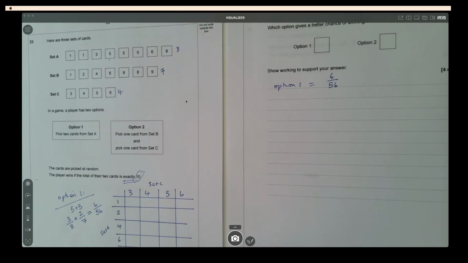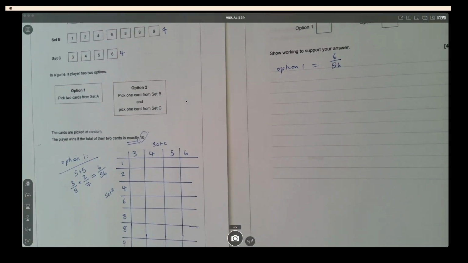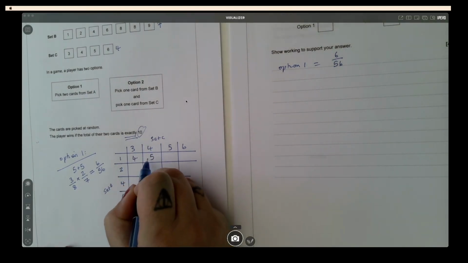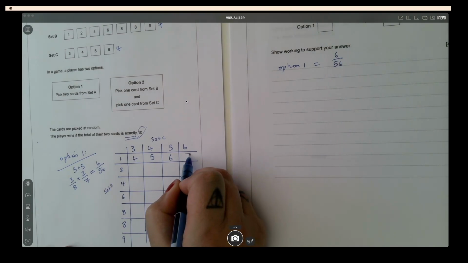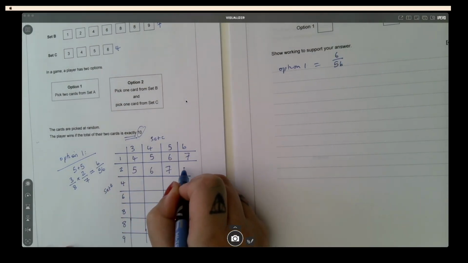Doesn't have to be perfect, it just has to organise the information for you. So when they pick each card, they total. So 1 plus 3, 1 plus 4, 1 plus 5, 1 plus 6, 2 plus 3, 5, 6, 7, 8.